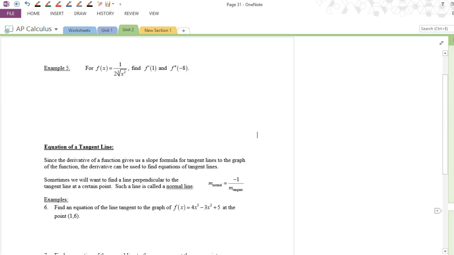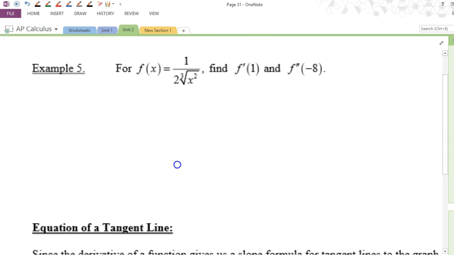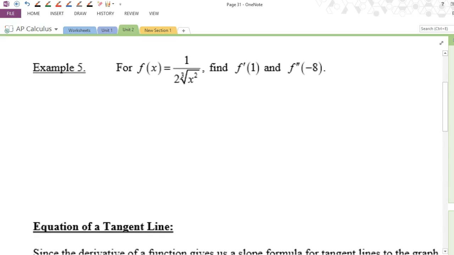Okay, show example of that. Number 5. To do this particular example, I need to start by rewriting my f of x. What's the rewrite on this?